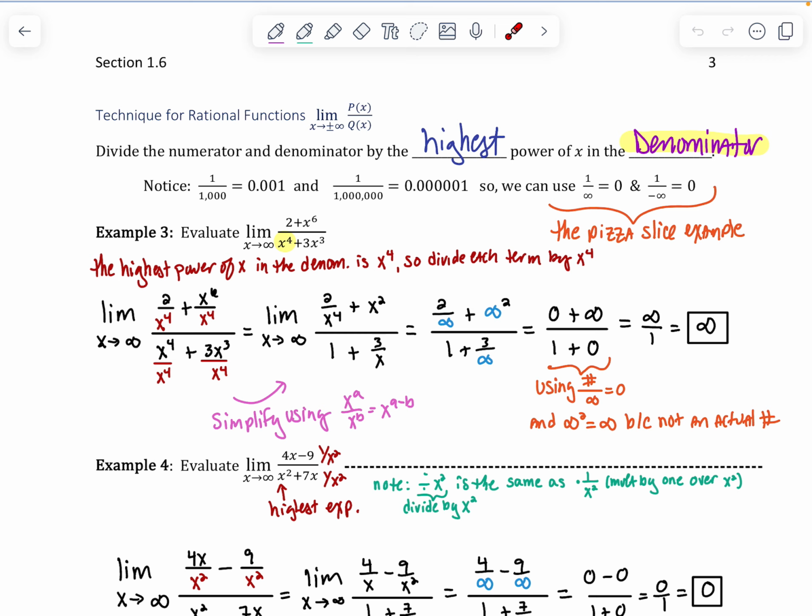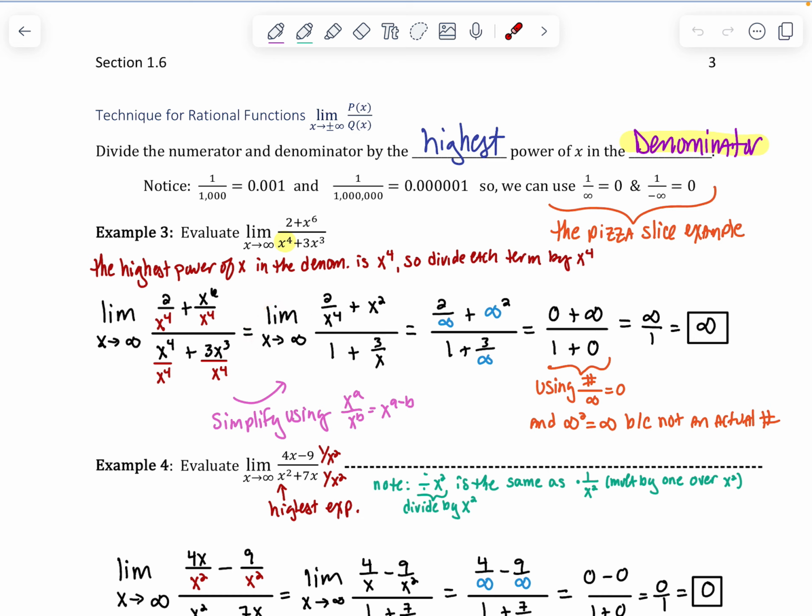Here, don't forget that when I cancel the x to the fourths, I have 1, right? I was really doing x to the fourth divided by x to the fourth, and anything divided by itself is 1. Now, careful here, if I was to subtract a 4 exponent, I'd get negative 1. So I want that negative 1 to go into the denominator. Or you could just think there were more in the denominator, so these 3 will knock out 3 of those, just leaving me 1 left.